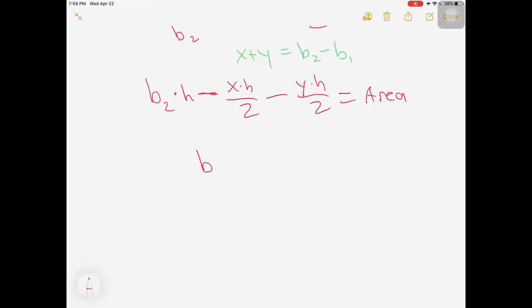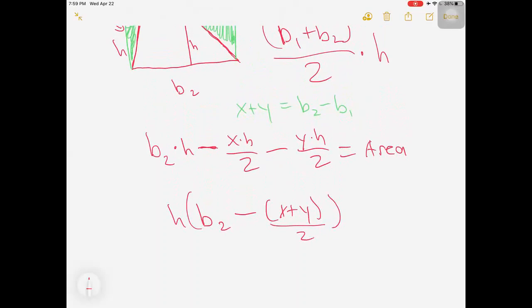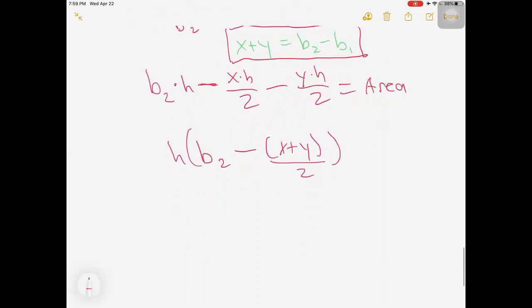Since x plus y equals b2 minus b1, we can rewrite this as h times (b2 minus b1) over 2.